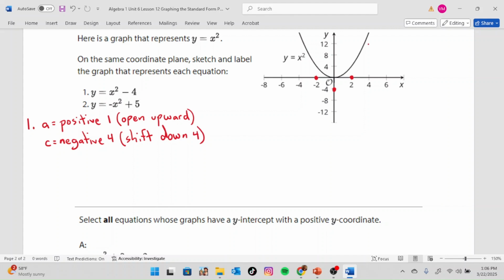So I'm going to have a point at 4, 12, and another one at negative 4, 12. Then I can connect the points, and that would be the graph for number 1.